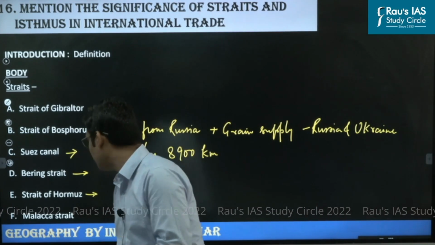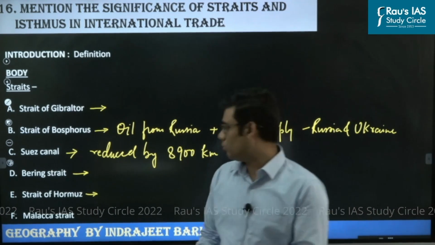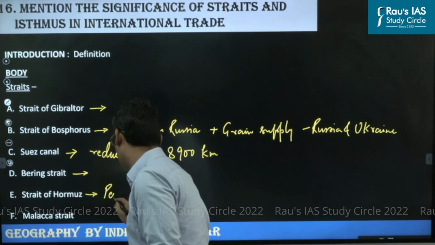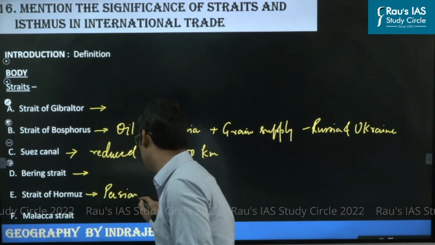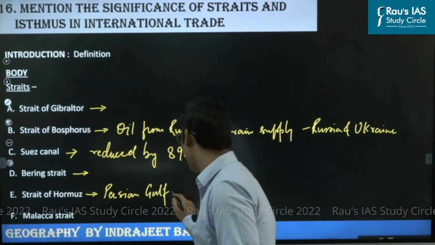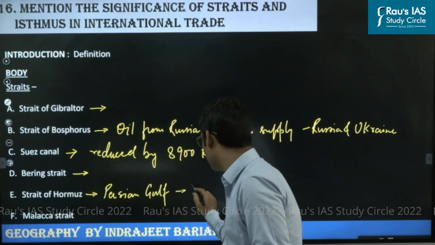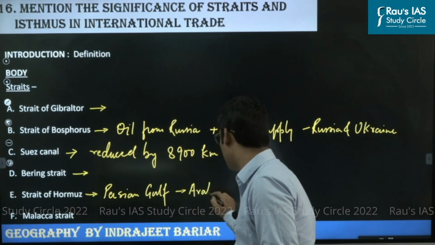Likewise, the Strait of Hormuz. Strait of Hormuz connects the Persian Gulf with the Indian Ocean or Arabian Sea.